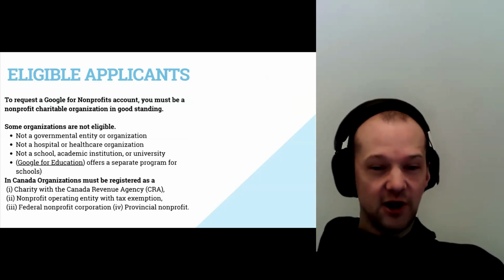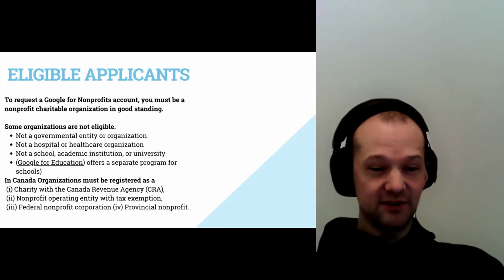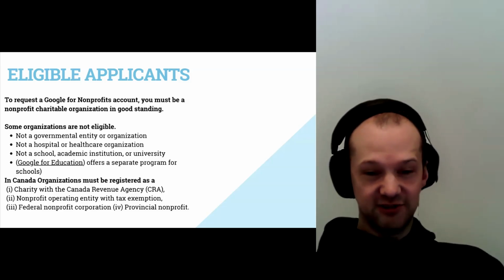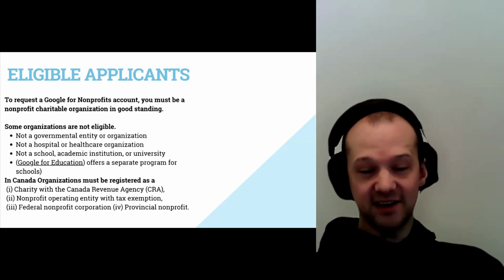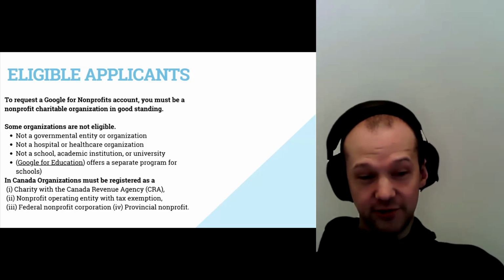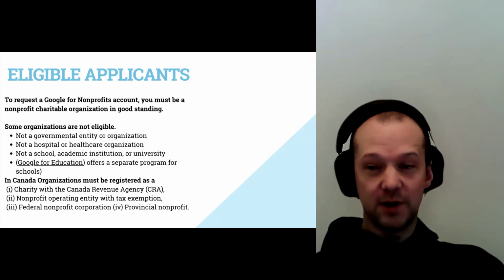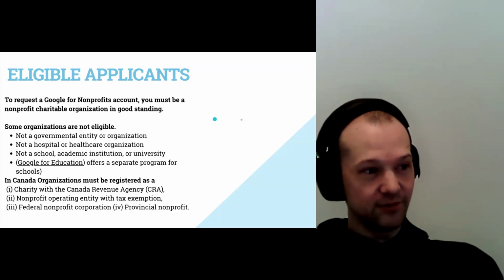Google for Education offers a separate program for these schools. In Canada, organizations must be registered as a charity with the Canada Revenue Agency, the CRA, or a nonprofit entity with tax exemption, and you must also be a federal nonprofit corporation or provincial nonprofit to be eligible. We can go into the next slide.